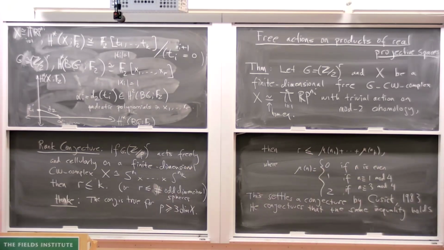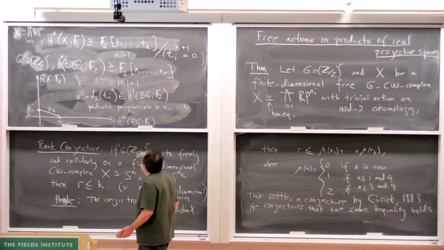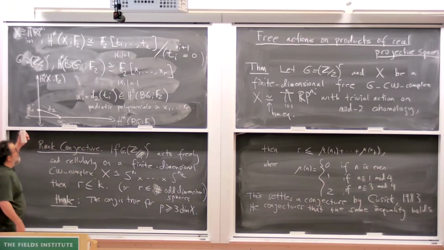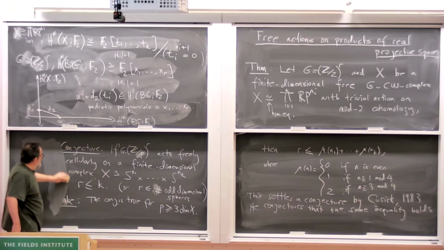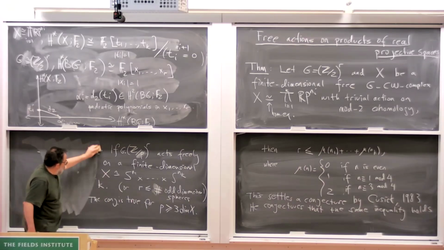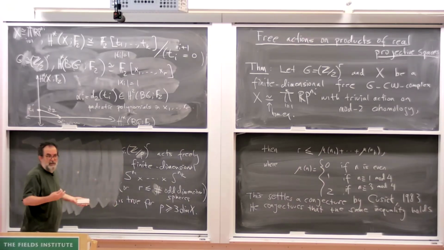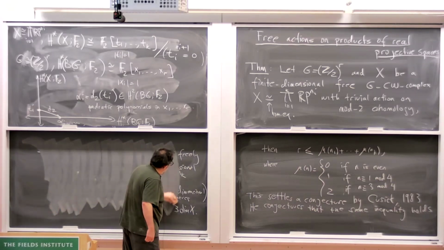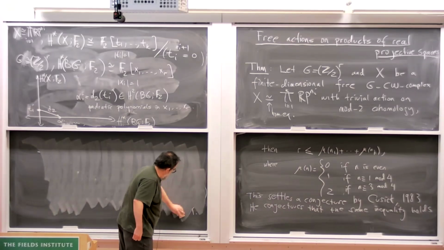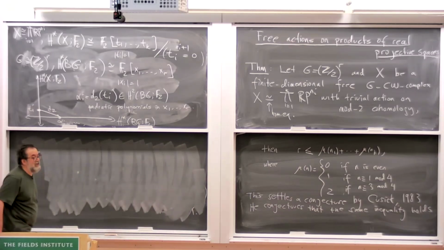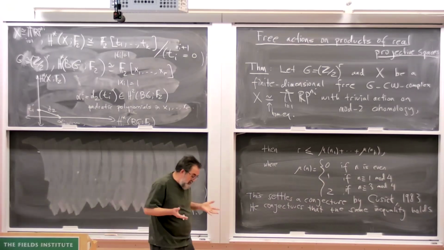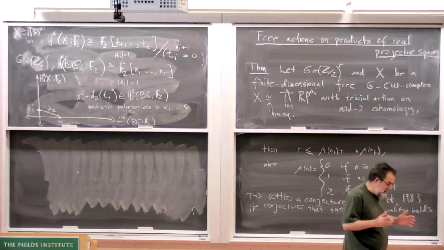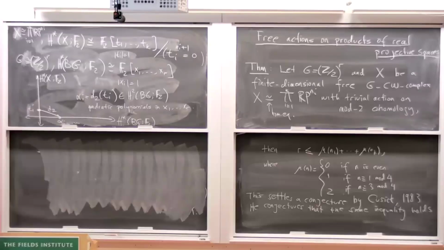Now we haven't used the free action yet. So with the free action, what you know is that everything has to go. So at the end, you should have a finite dimensional E infinity page. That's the restriction. But that restriction can also be applied to subgroups, because you have nice naturality with subgroups.